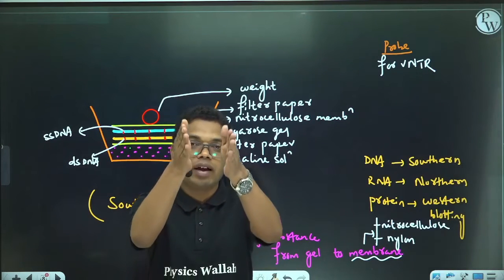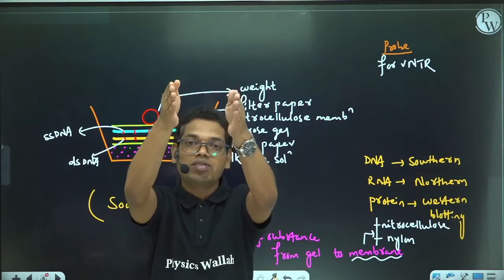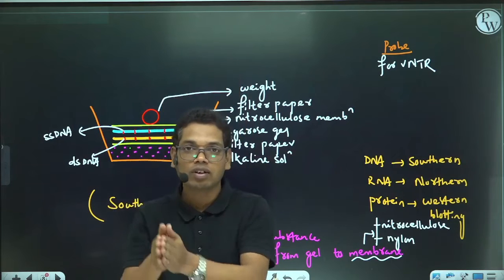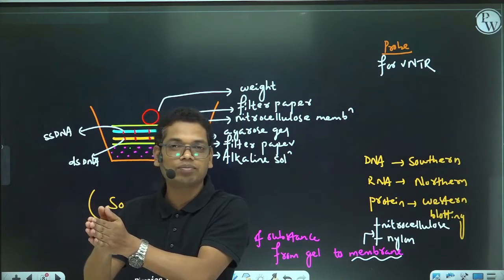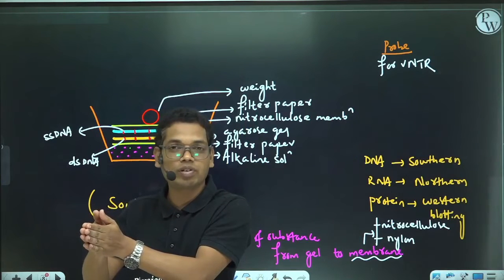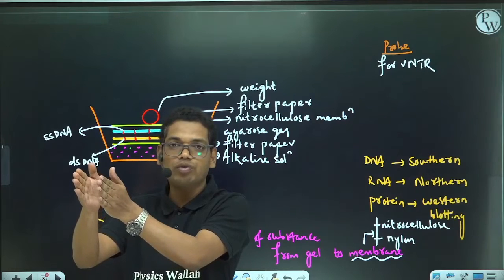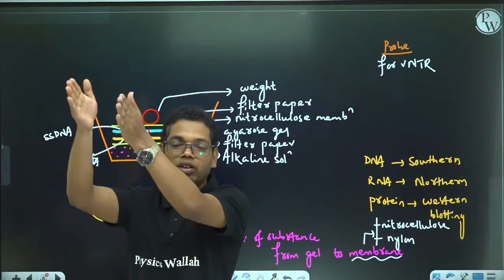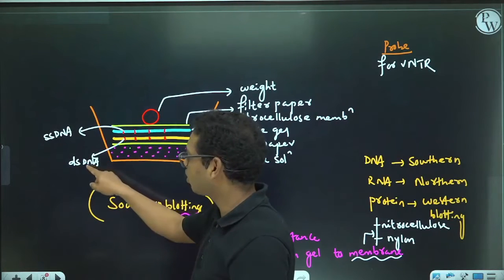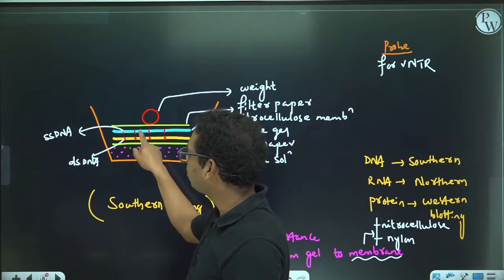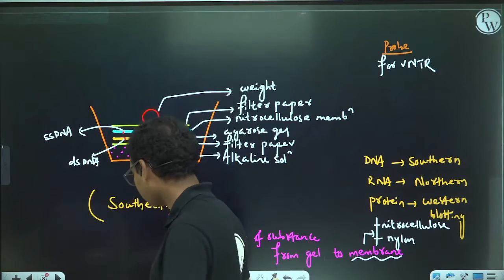And here there will be the nitrocellulose membrane, and on the nitrocellulose membrane the single-stranded DNA molecules will bind. Here also, suppose DNA bands are there, so double-stranded DNA is present in the gel, and they will move upward by the alkaline solution, and when they move, they will separate from each other and bind to the nitrocellulose membrane. And that is why the DNA present in the gel is double-stranded, but the DNA present in the membrane is single-stranded. Clear? Good. So this is blotting.